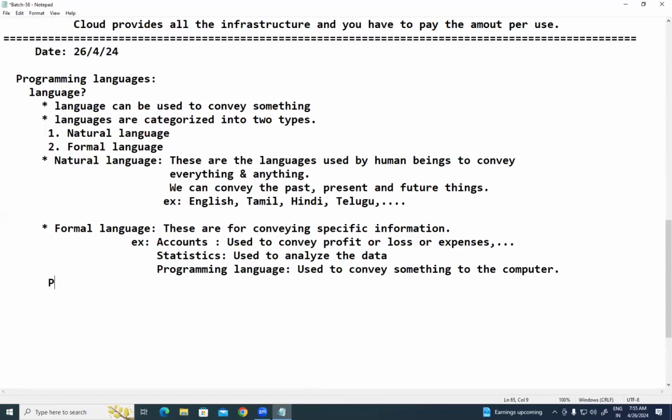Programming languages are again divided. Can you tell me, programming languages are divided into how many categories?